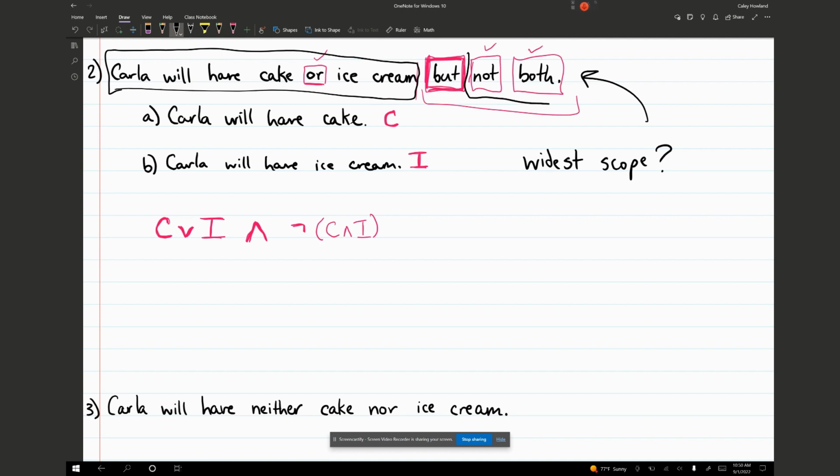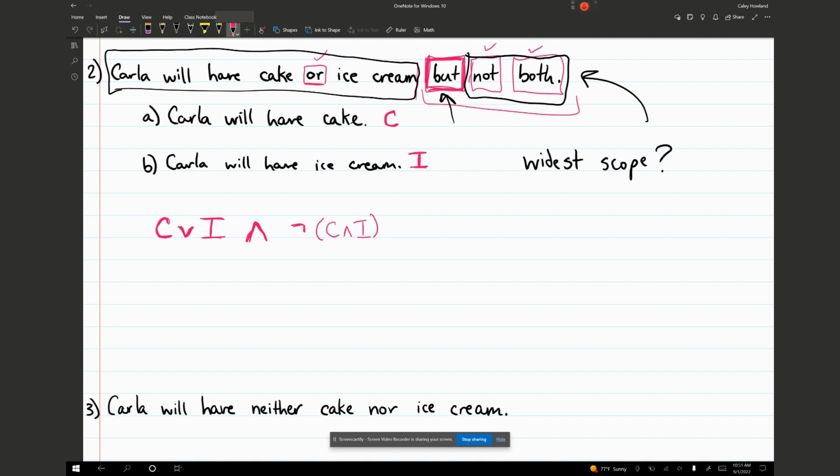Carla won't have both is also its own component, right? So if Carla will have cake or ice cream, but Carla won't have both cake and ice cream, it looks like but right here is our widest scope connective because it connects the two parts. It connects the disjunction to the negated conjunction on the right-hand side.